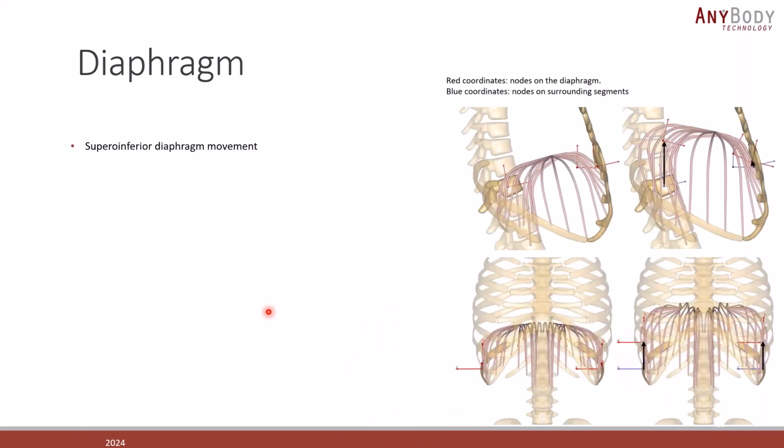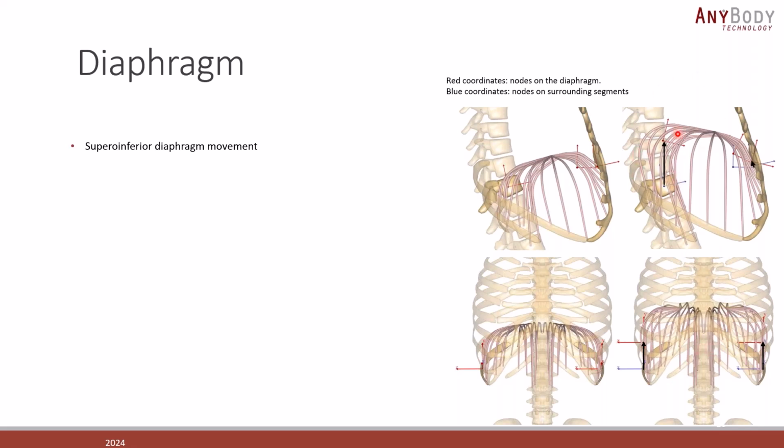So let me explain a little bit more about the diaphragm here. Here you can see the sagittal view of the neutral position of the diaphragm, and here is the frontal view. The diaphragm can move upward to simulate inhale and exhale.